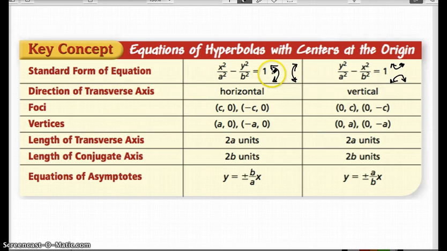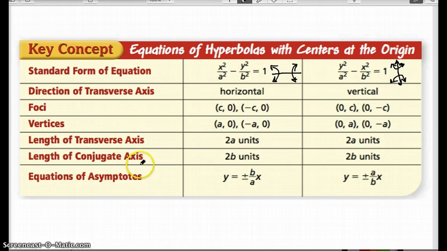Remember, the transverse axis is the axis that cuts through both parts of the hyperbola, or the vertices of the hyperbola. We're also given that the foci would be located at (c, 0) and (negative c, 0) in this orientation, (0, c) and (0, negative c) in this orientation. The vertices are at (a, 0), (negative a, 0), and (0, a), (0, negative a).